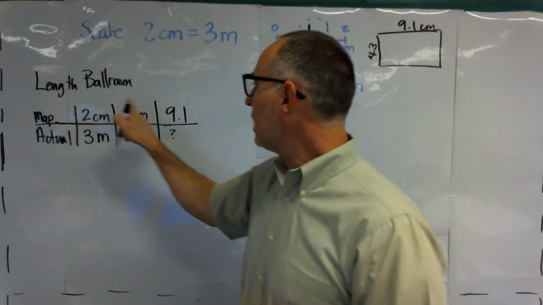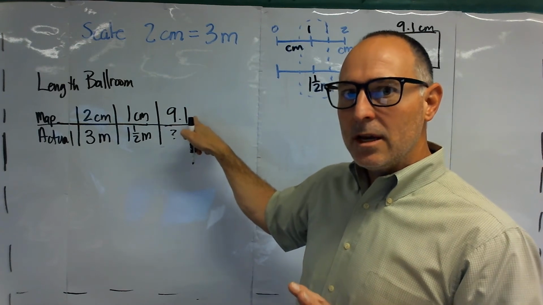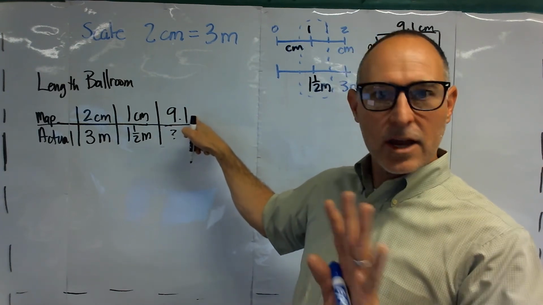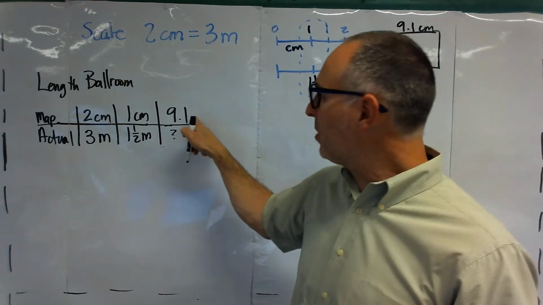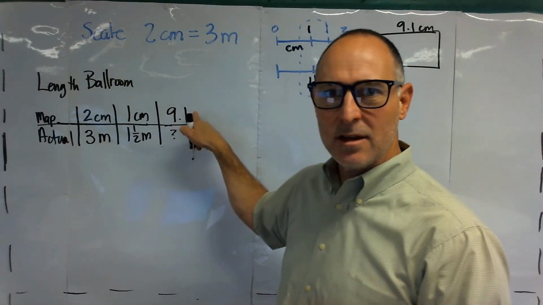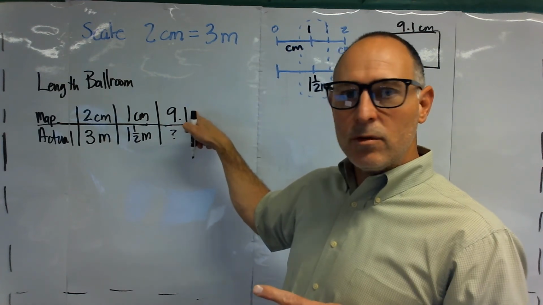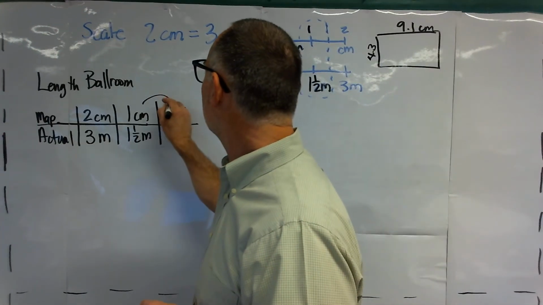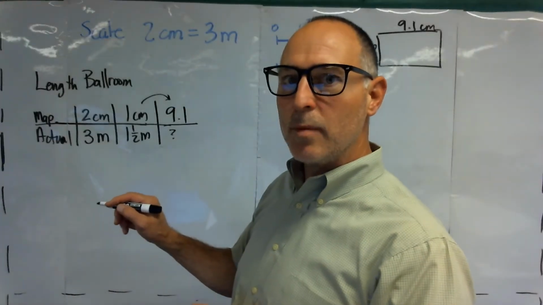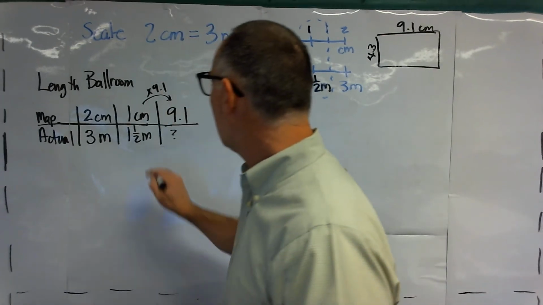So 2 times something is 9 1/10 is a little tricky to do in my head. I can use some division and find it out, but it's much easier for me to say 1 times something is 9 1/10 because multiplying by 1 is easy. We already know how to do this. So this is going to be, and this is what is important that you write down in your spiral, this is going to be times 9.1.